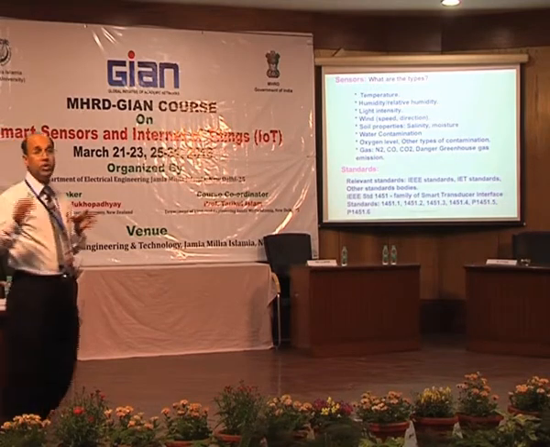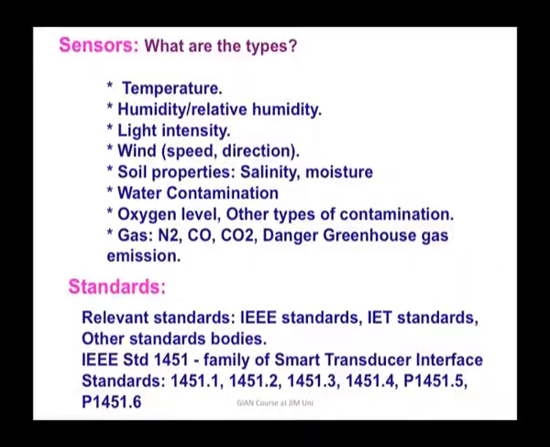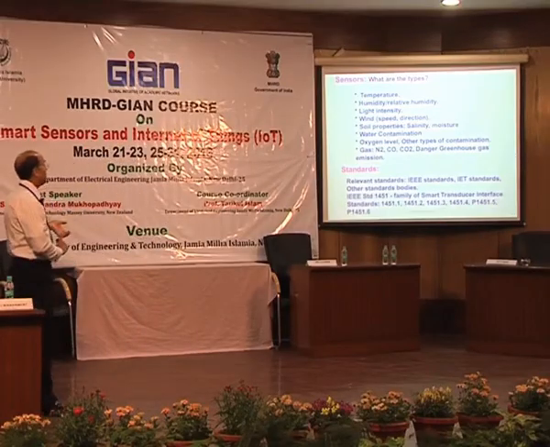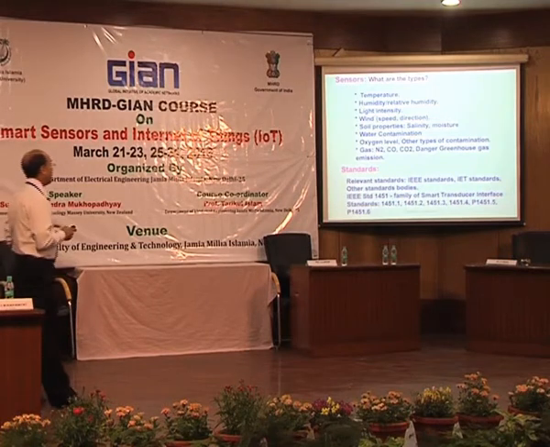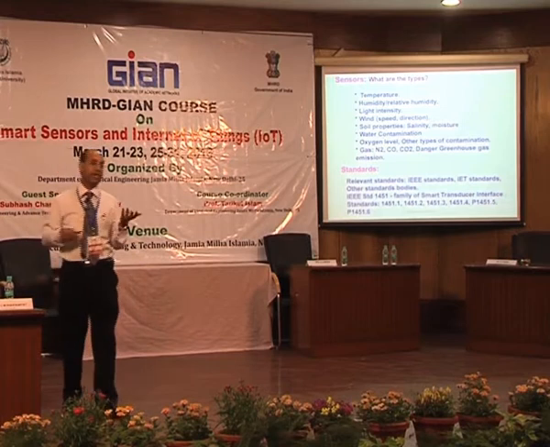They are useful for deciding how much fertilizer you want to spray. And then water contamination, which is an open-ended problem. You don't know how many you can do, so you can go for specific parameters. And then in air also you can go for oxygen level and other gases, nitrogen, carbon monoxide, carbon dioxide, and other dangerous gases like methane.